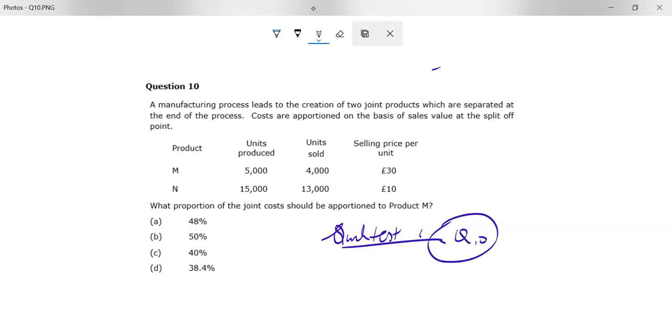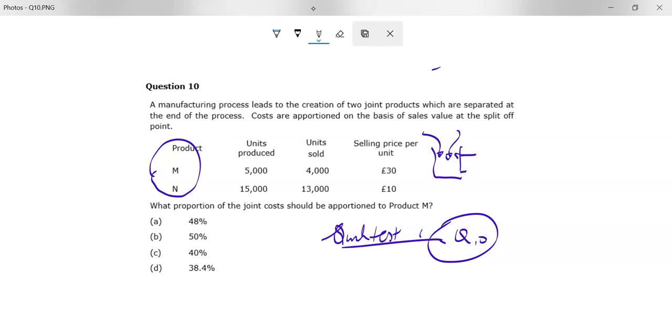So this question is really asking us to look at how we deal with sharing costs for a process that involved the making of 2 products. So imagine we have a big vat where we pour chemicals into.